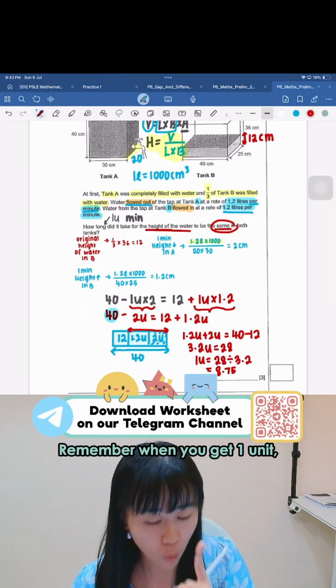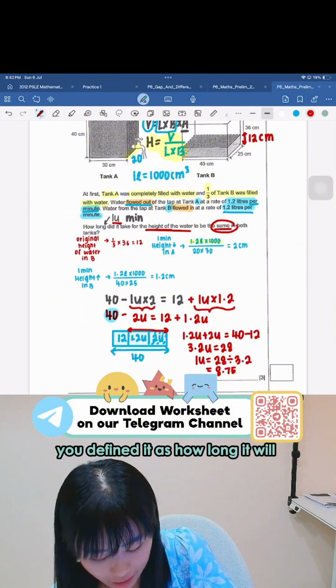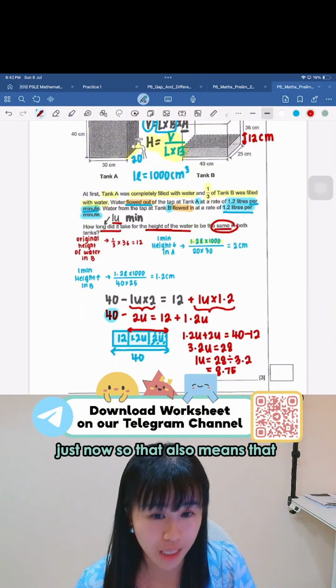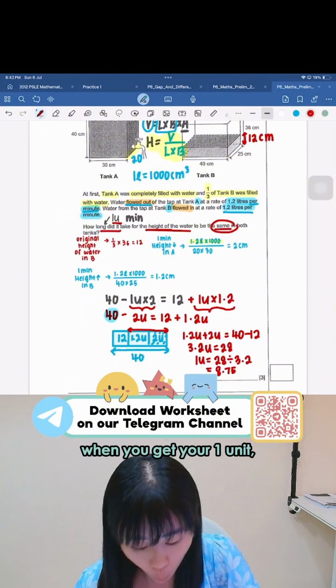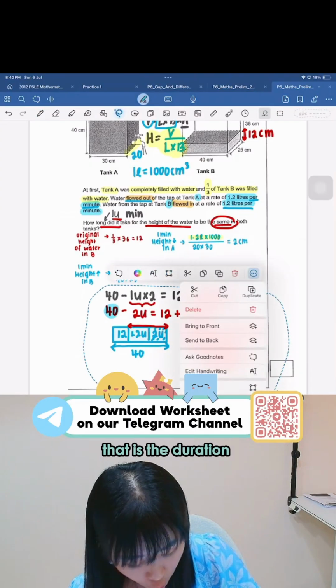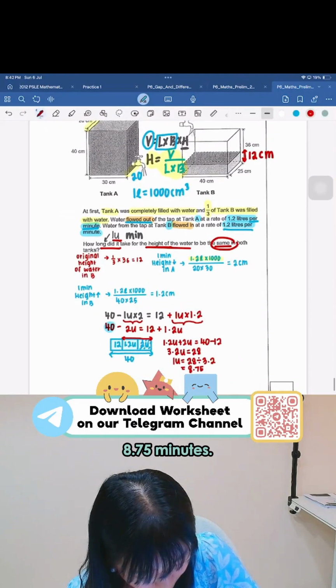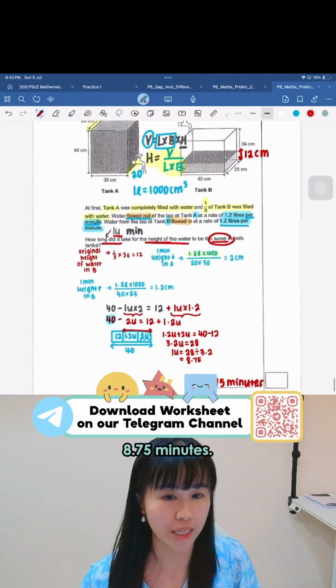Remember, when you get 1 unit, what does it represent? Your 1 unit, you define it as how long it will take for the height to be the same just now. So that also means that when you get your 1 unit, you have already gotten the answer. That is the duration. Can you all see or not? Okay, so your final answer here is 8.75 minutes.